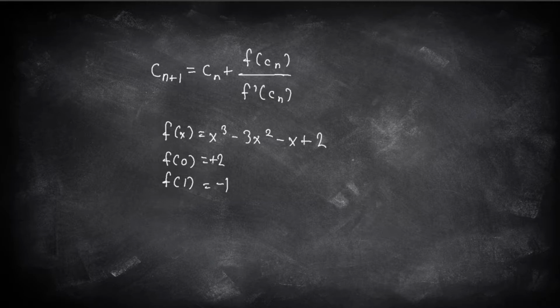Because using the intermediate value theorem, the IVT, there's a number between x equals 0 and x equals 1 such that the y values are between negative 1 and 2. Since 0 is between negative 1 and 2, there's a zero between x equals 0 and x equals 1.